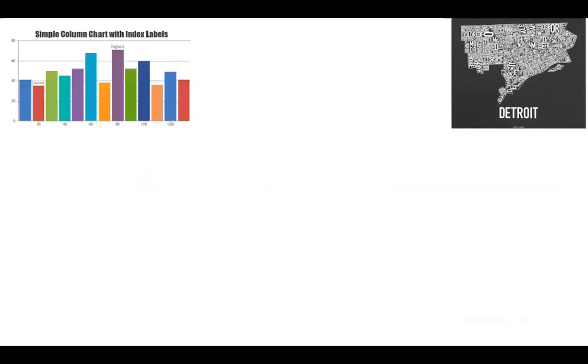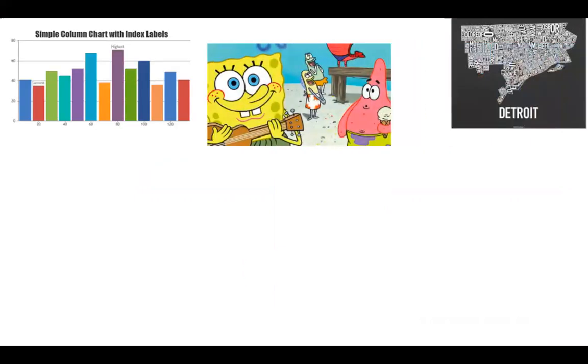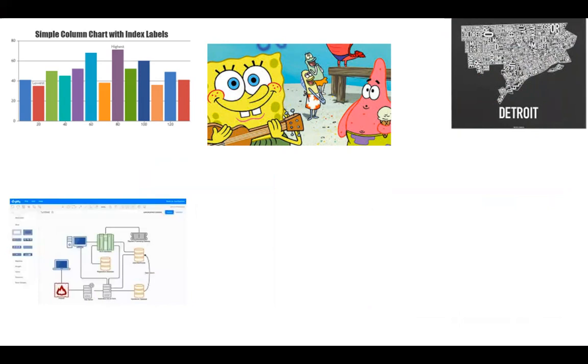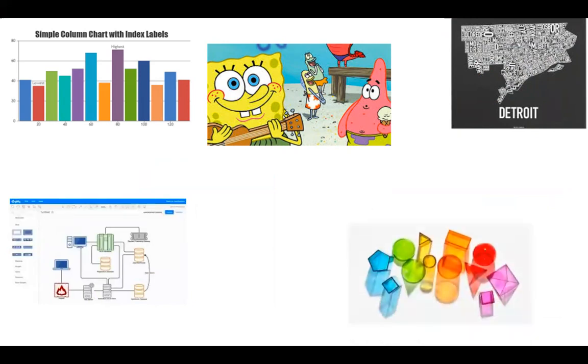This can be a poster, and it actually is a poster, one of my favorite posters of Detroit. Here you have a chart. Cartoons. We all know SpongeBob and Patrick. This is a flow chart, so this is a diagram. Here are objects. The cylinders are objects.